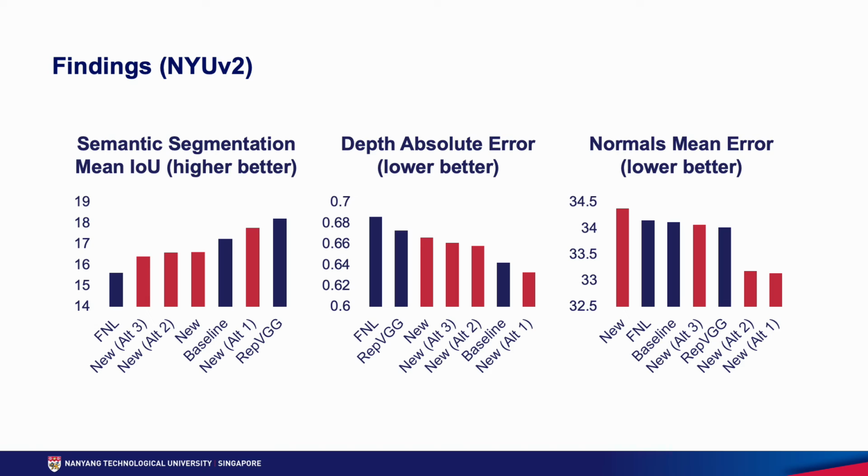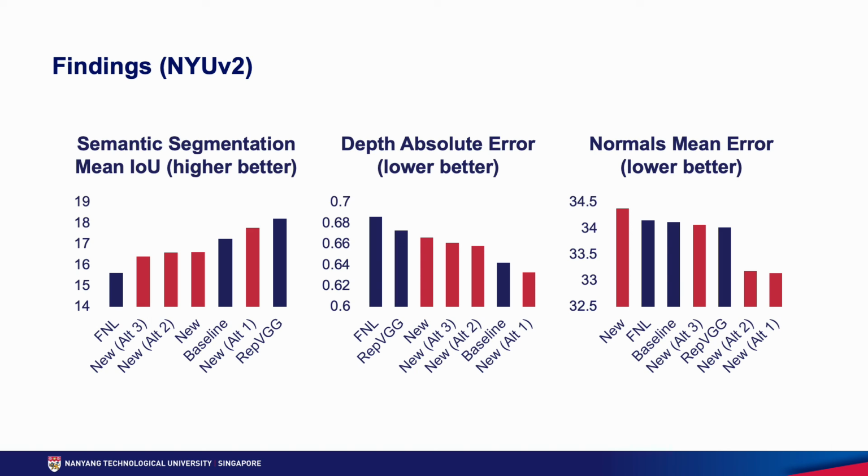We also tried our new overparameterization technique on the NYU v2 dataset, which is a multitask dataset where you need to do semantic segmentation, depth estimation, and surface normals estimation at the same time. As you can see from the charts, for depth estimation and surface normals estimation, our new overparameterization technique with our alternative training routine number 1 has beaten the performance of the baseline and also all existing techniques.